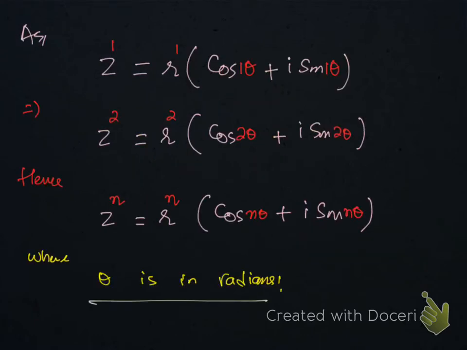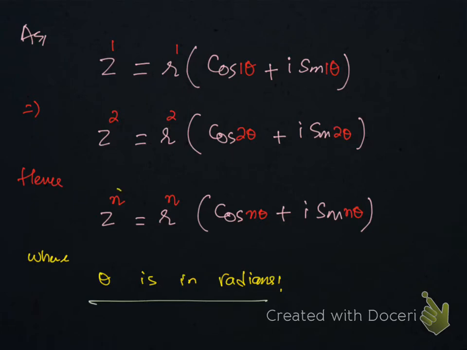Well, this is very important. When we have power 1 here, then this r must have power 1, and this angle, this is very important, we can make changes in angle with respect to power. Since we have 1 here, this should be 1 theta and this should be 1 theta. So for z power 2, the power of r must be 2, and the coefficient of angle must be 2. 2 theta and 2 theta must be here.